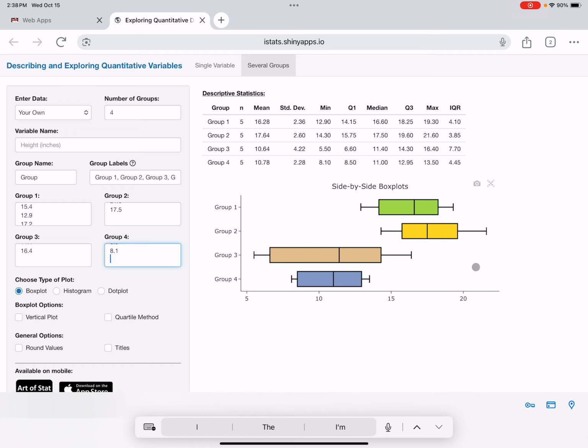So I would say that probably group 1 and group 2 have a larger mean than group 3 and group 4. I would guess that we will most likely reject the null hypothesis because of that difference that we're seeing there. But there's only one way to find out, and that's to actually run the test. But let's go back and write down these results.